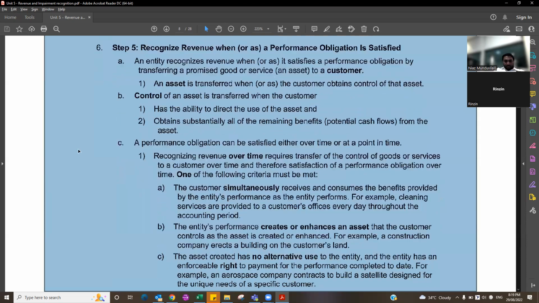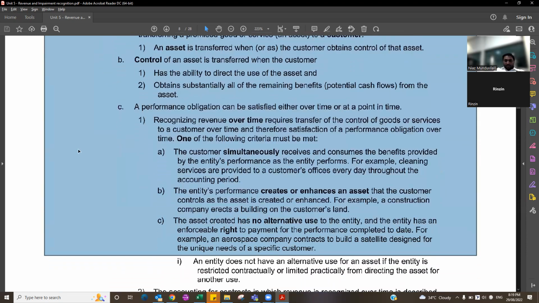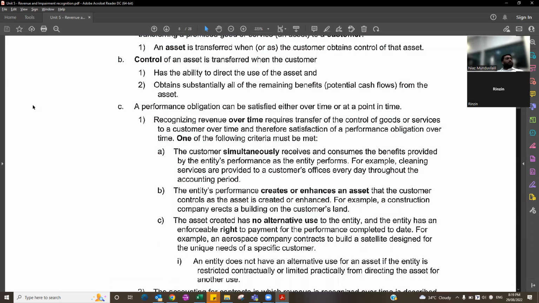And how is the performance obligation satisfied? It can be satisfied either over time or at a point in time. For example, I have a contract with you to maintain your AC. It's a 1-year contract. Every month, I will come and check your AC.